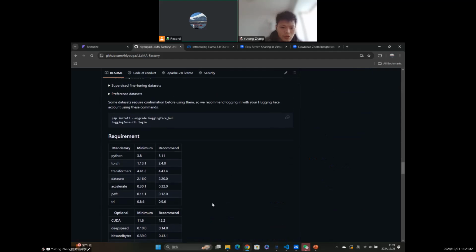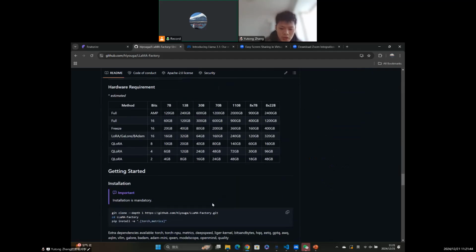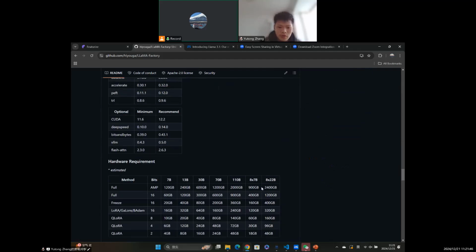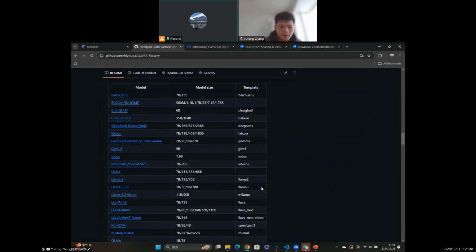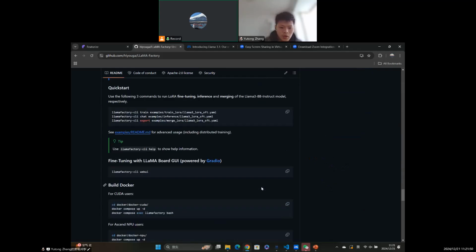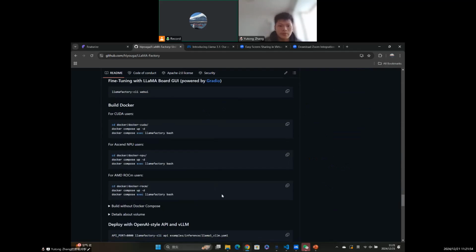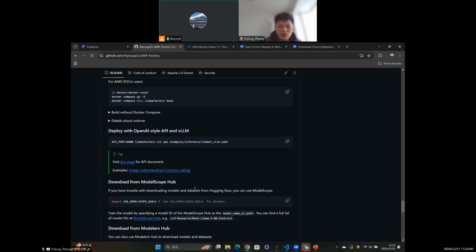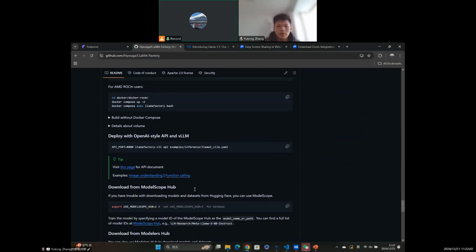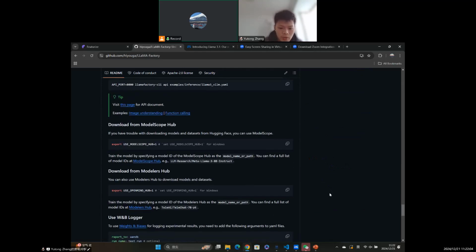Let me show you how to use this library. First, you have to clone this repo to your own device, and make sure you have something like a GPU.